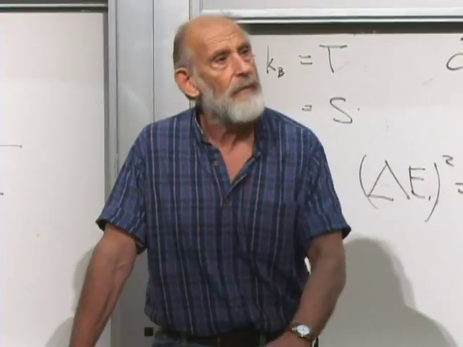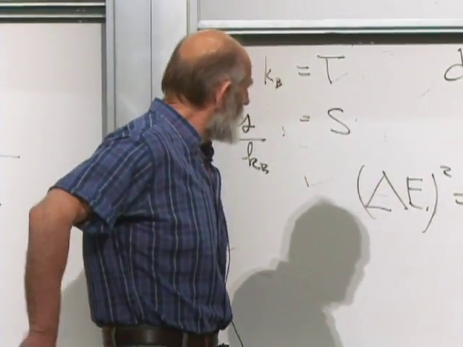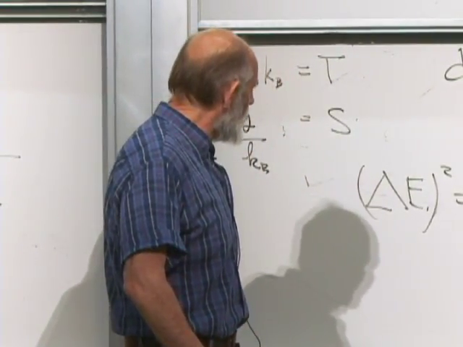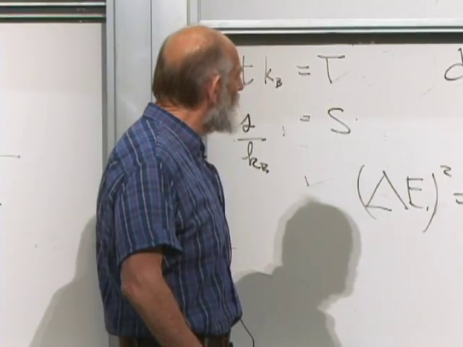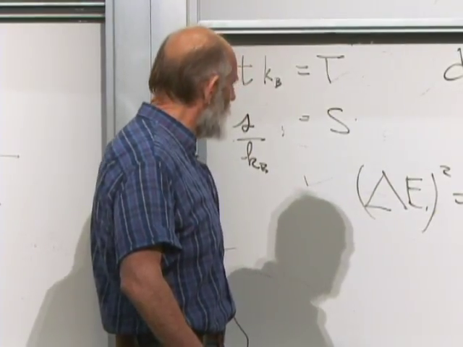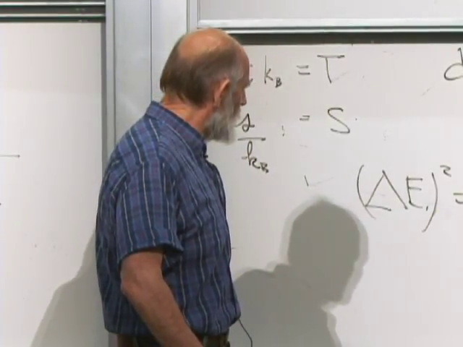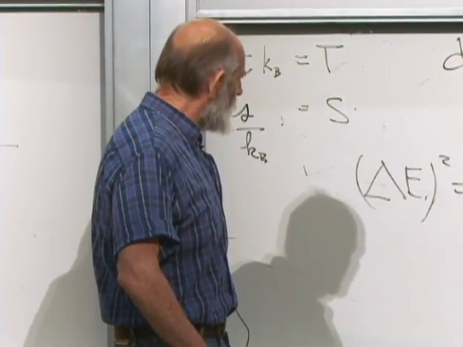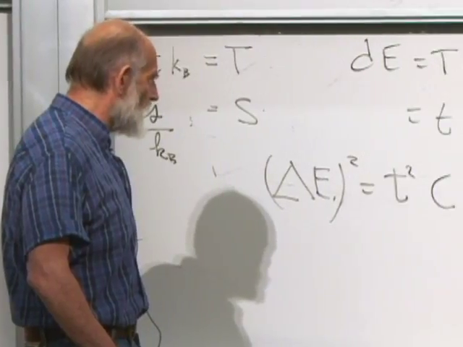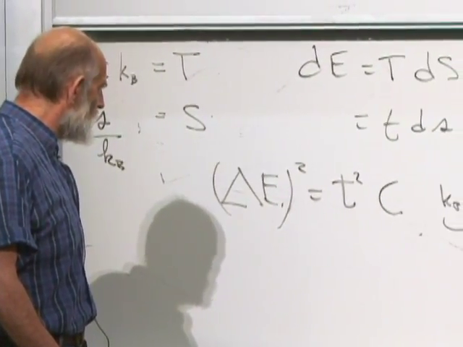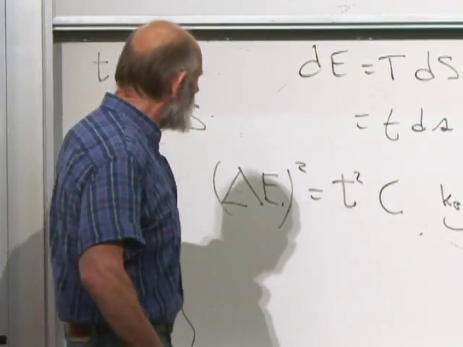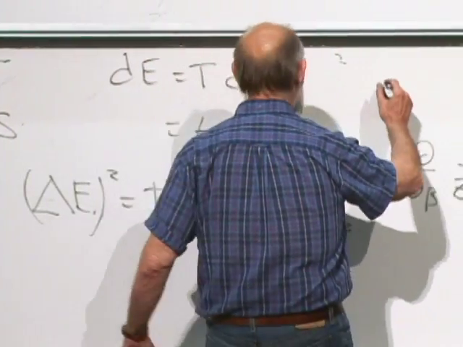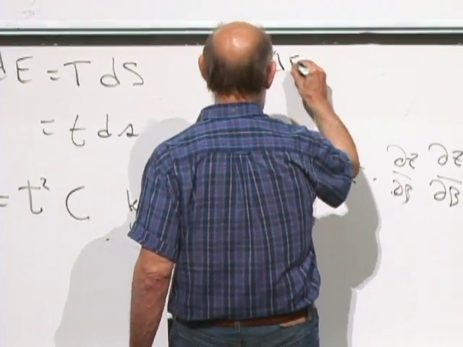I think that's not the same C as the other one. Yeah, it was, I think. Well, the other one was the dE by big T. Oh, you're right. So what happened? There's another, maybe cancel. No, K Boltzmann shouldn't cancel. I don't think it should.